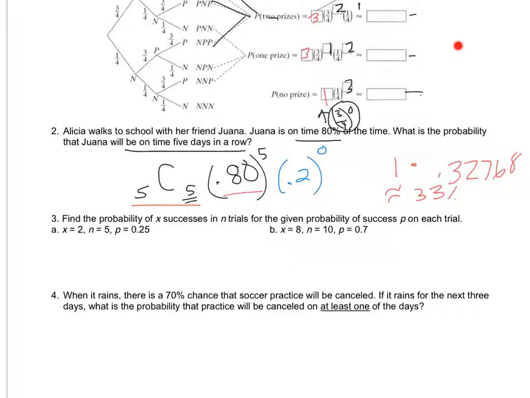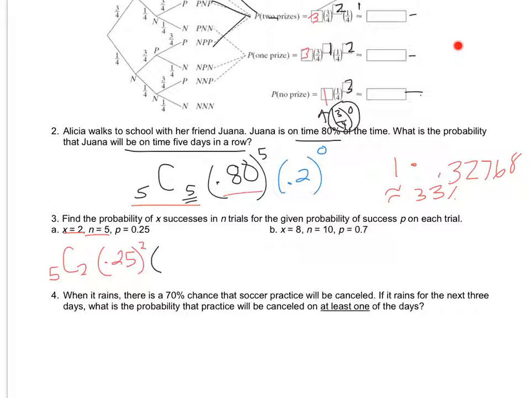Number 3, find the probability of x successes in n trials for the given probability. So you're going to have 5 total trials, and 2 are going to be successful. The probability that you are successful is 0.25, and you want to be successful in 2 of those.